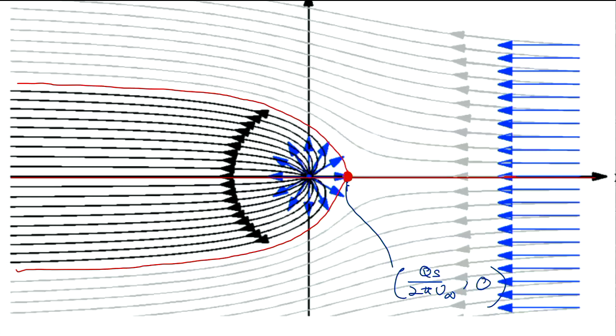Now, remember stagnation points are saddle points. So if I have a flow coming into my stagnation point, and another streamline where the flow is going into my stagnation point, then these two here have to be going out from my stagnation point.